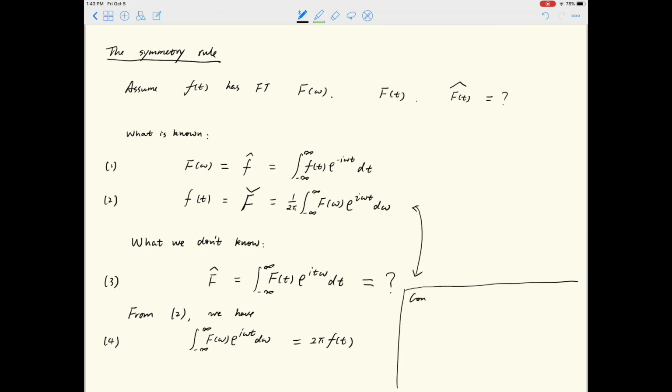So compare 3 and 4. We draw the following conclusion: this integral dt will just be 2 pi little f of omega.